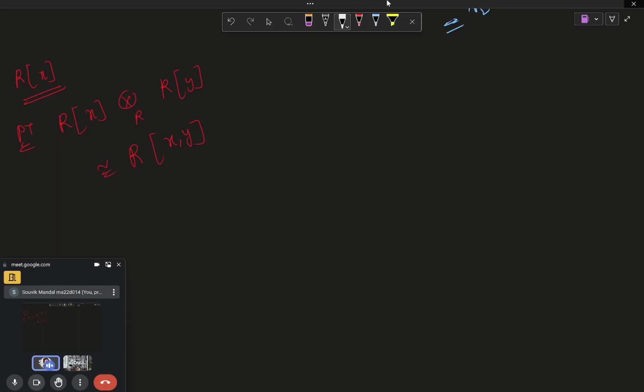Sir, it is sufficient if I can show that R[x] tensor R[y] is isomorphic to R[x, y]. I mean, in R[x, y], a term can be split into a times x times y. Yeah, right. Okay, that's fine. Whatever you said is correct.